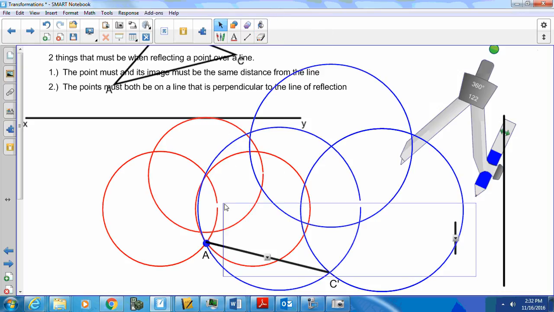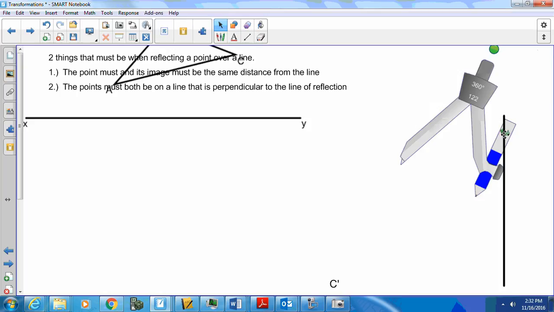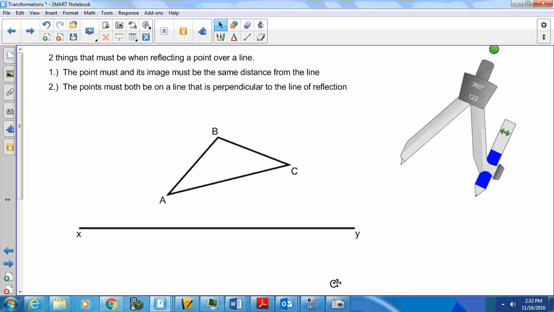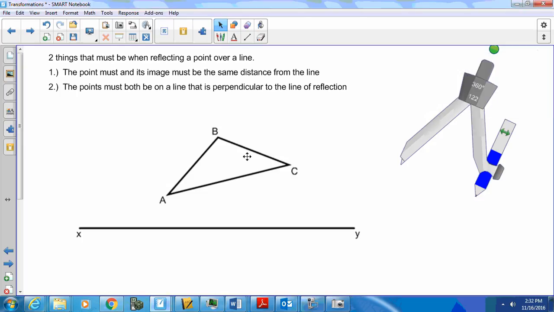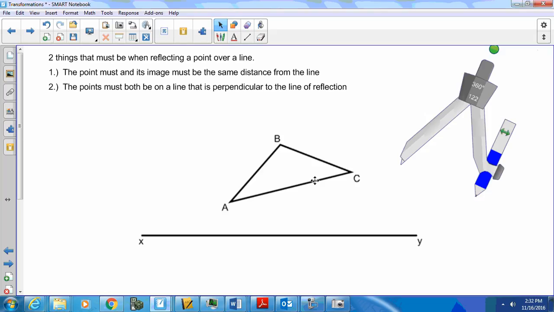All right. Now, the great thing about geometry is that there are usually many ways to do something. So another student, a student in my seventh period class, actually came up with a different way to do the construction.